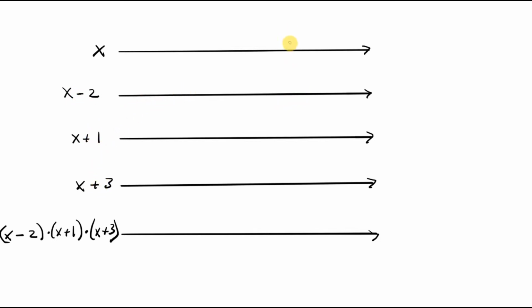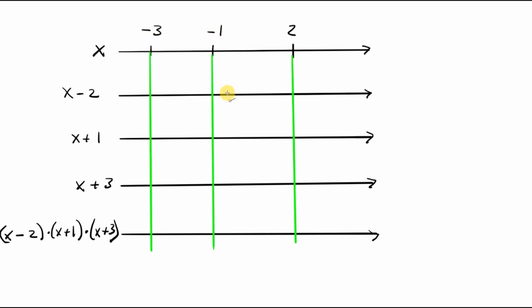So let's put that into the x-axis as interesting points. So we draw down here, so we have minus 1, 2 and minus 3 on all lines. And let's use red to symbolize plus and blue to symbolize minus.